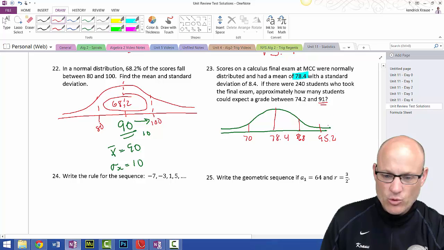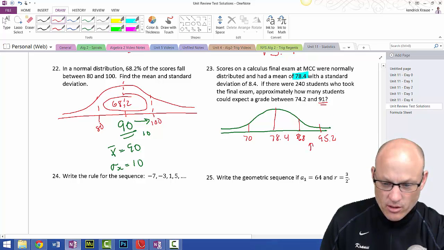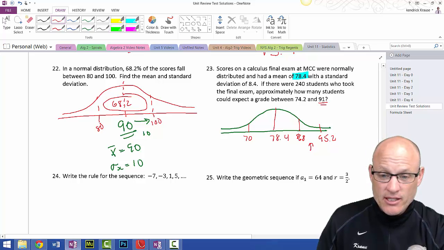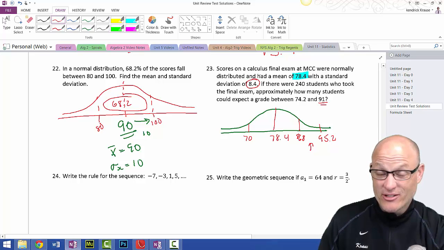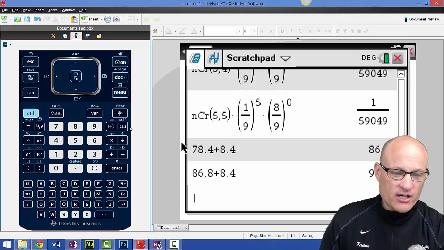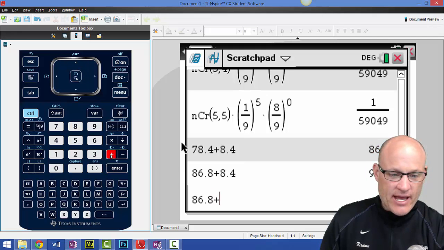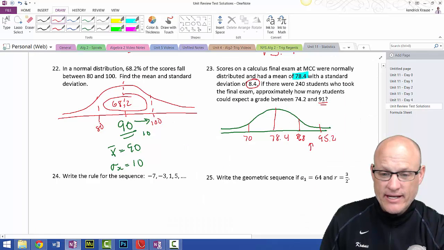95.2. I want 91, so 91 is somewhere in the middle. I really hope it's exactly in the middle. If my standard deviation is 8.4, then half a standard deviation would be 4.2. So if I come back up here and take this 86.8 and add 4.2, let's see what I get. Oh, look at that. I get 91.